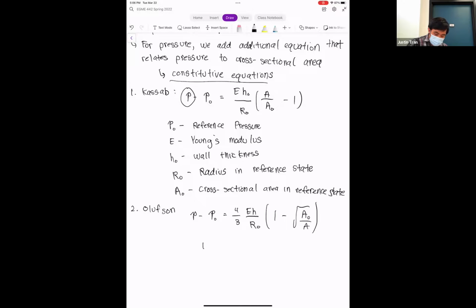And so Eh over R0 is equal to K1 times e to the K2 R0, plus K3, where K1, K2, and K3 are parameters that you can set in order to fit the material.